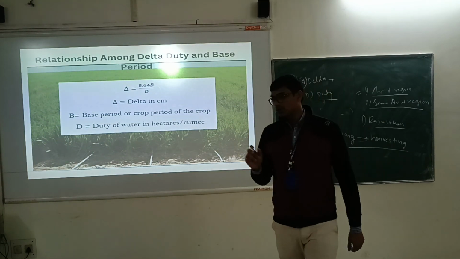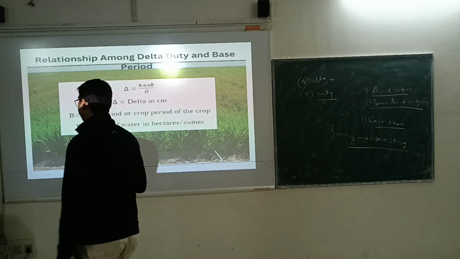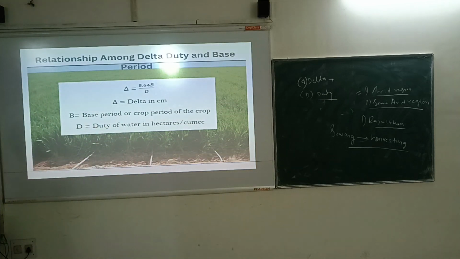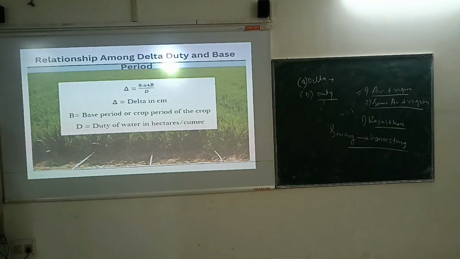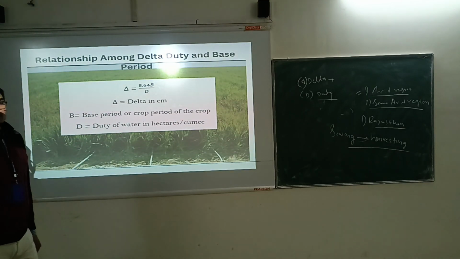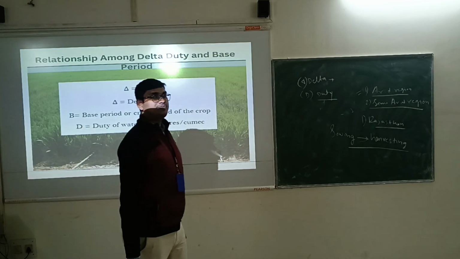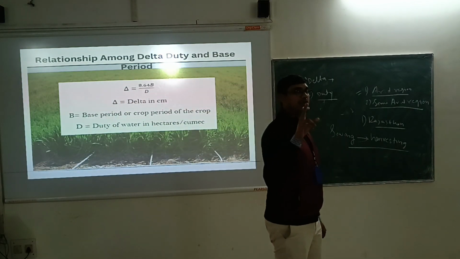Clear? Now you write down one numerical. Crop period and base period are both expressed in number of days. The difference is that base period is from the first watering to the last watering, while crop period is from sowing to harvesting. But both are expressed in number of days.